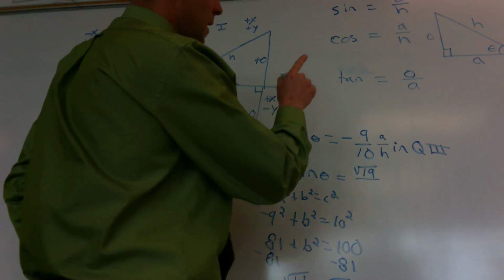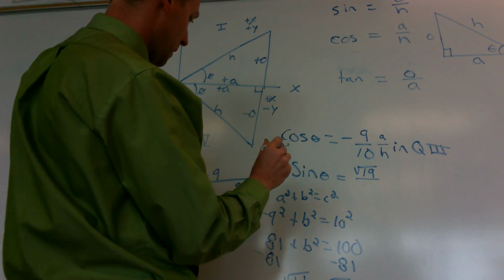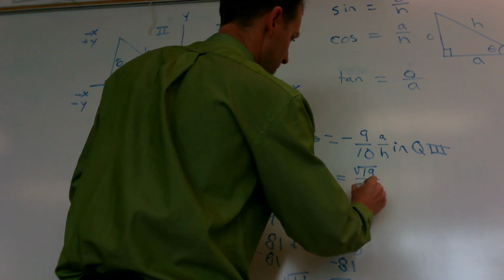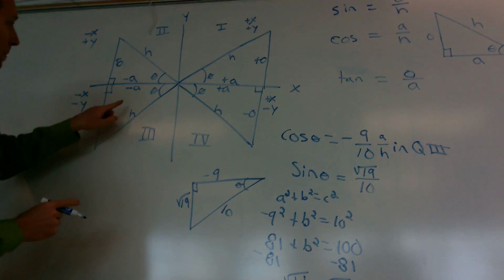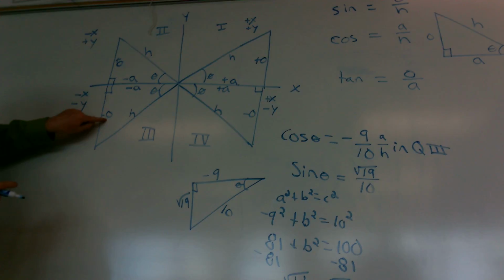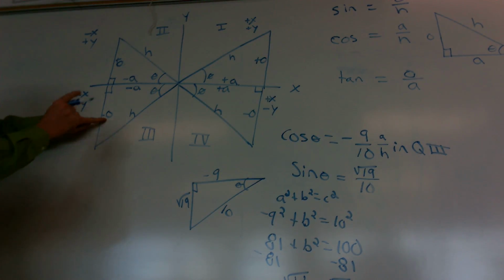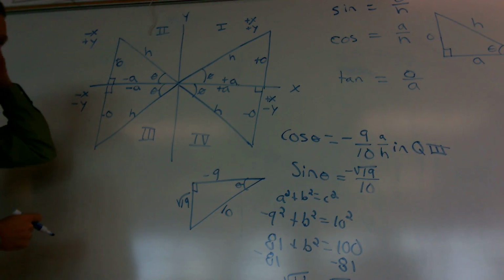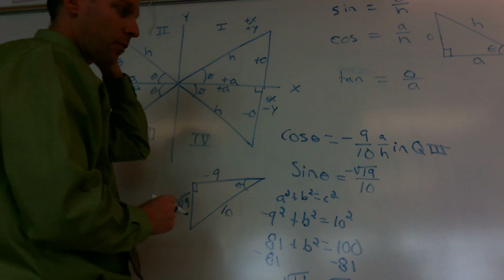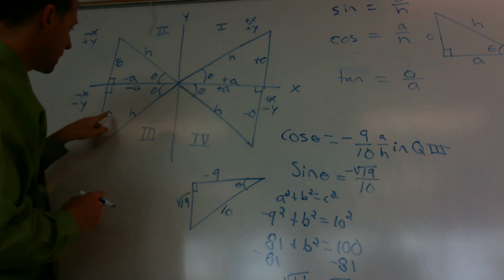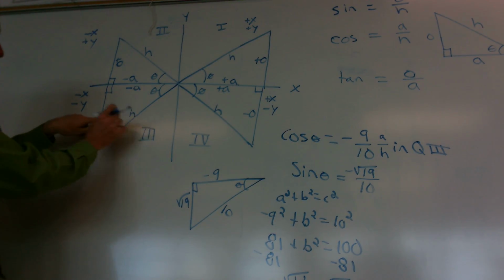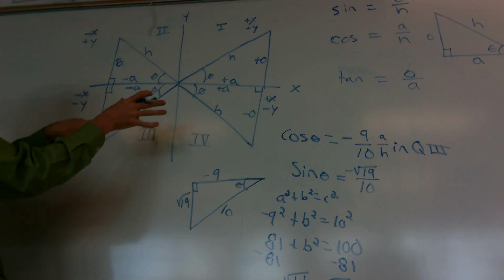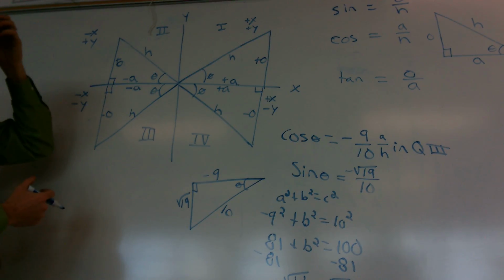Opposite over our hypotenuse, which is 10. Now remember, opposite for quadrant 3 is negative. So there's our answer: sine theta equals negative square root of 19 over 10. Again, opposite in quadrant 3 is negative. If it was in a different quadrant, opposite might not be negative.